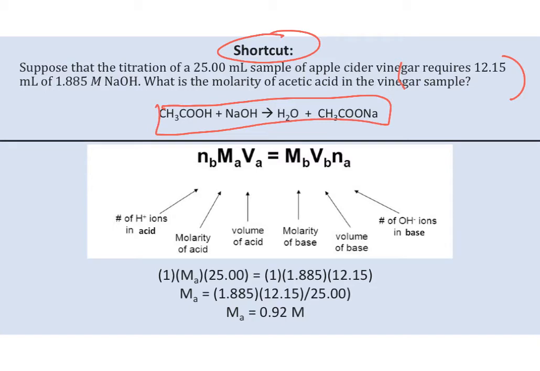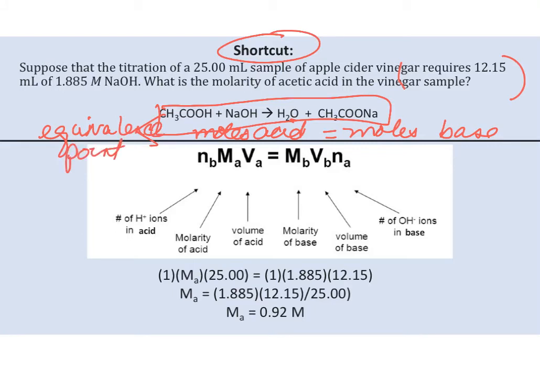Remember how I told you at the equivalence point that the moles of acid equal the moles of base. And that's only at the equivalence point, right? All right, so let me just specify equivalence point. Well, another way of stating that equivalency is we know that moles is molarity times volume, right?